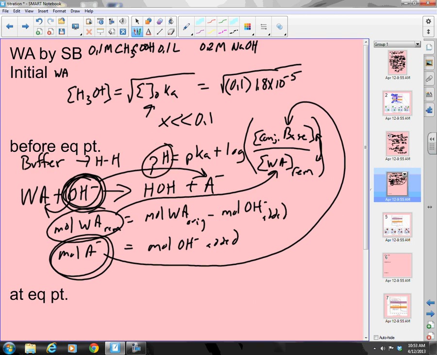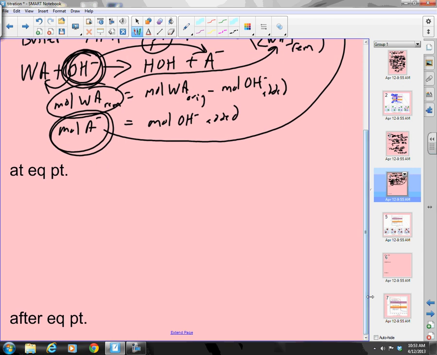Good. At the equivalence point, we're going to get it the same way we got it before. I need to get my moles of weak acid original, and that will equal moles of hydroxide. And then from there, I want to convert to moles of my strong base. Usually that's 1 to 1.